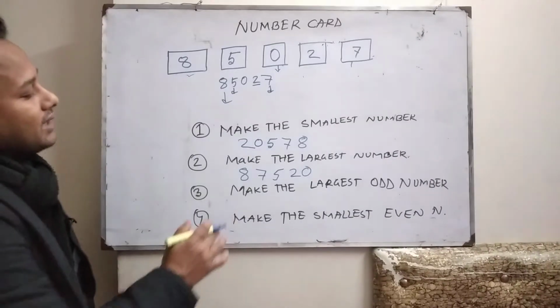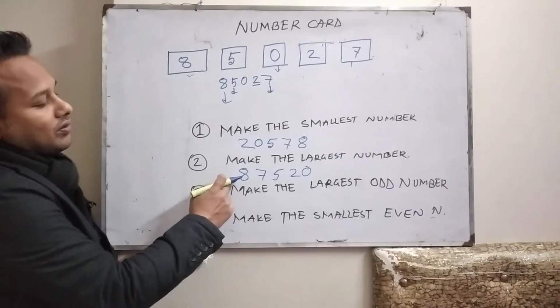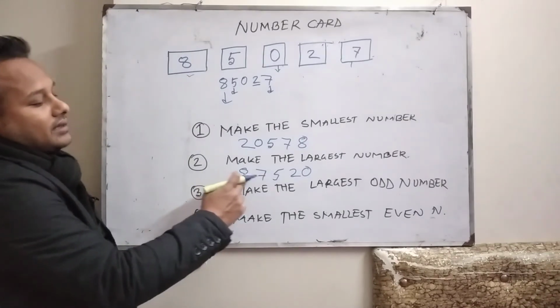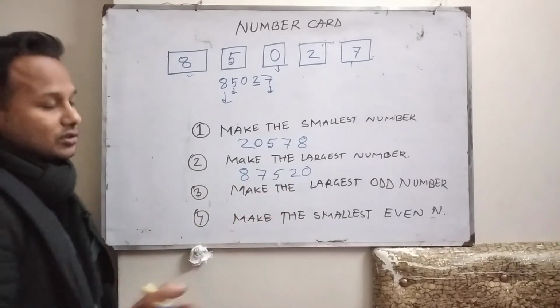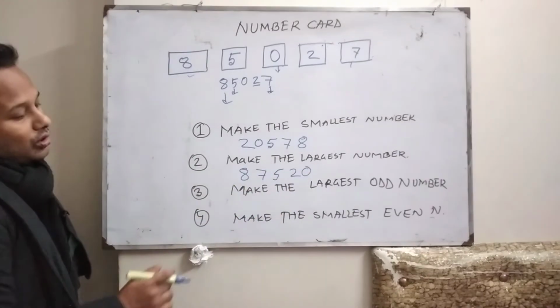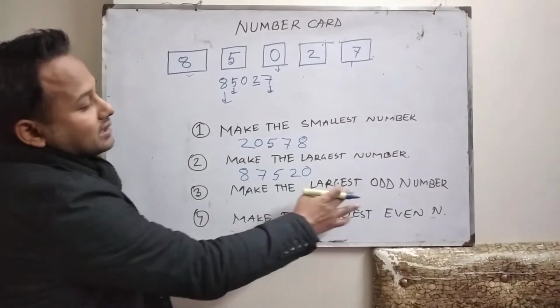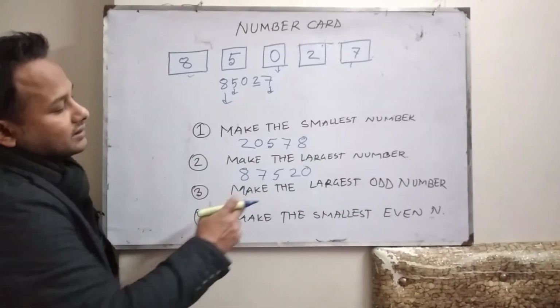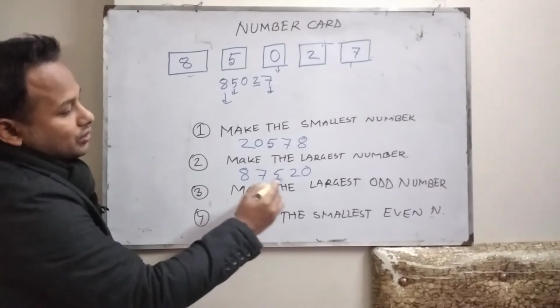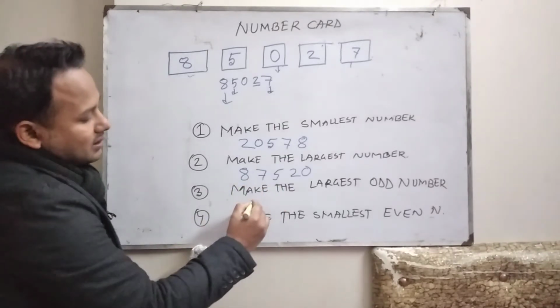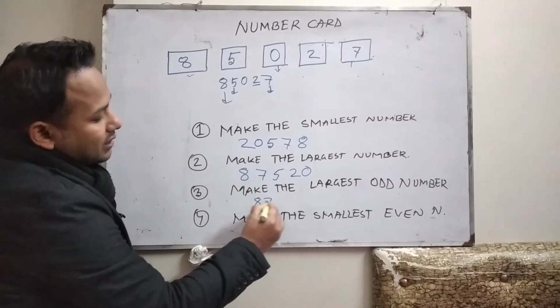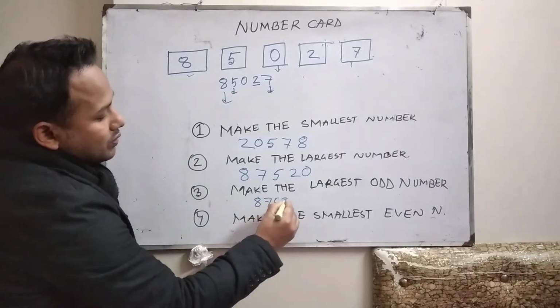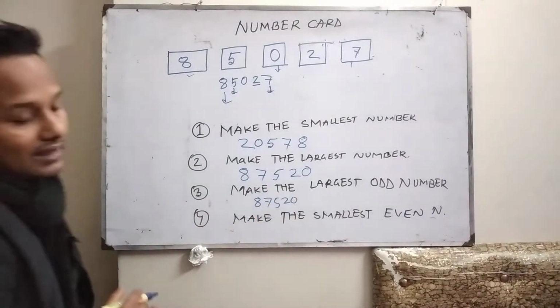You can see that the largest number will start from the very largest, and the second, third, fourth, and the smallest. So that is our largest number here, 8, 7, 5, 2, 0.